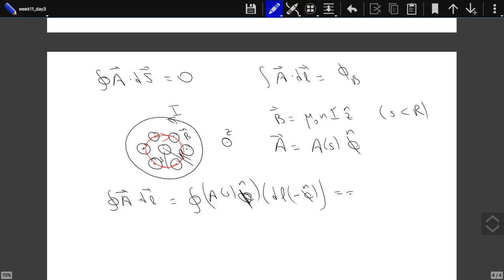So this is equal to minus A(s) times the integral of dl, which is now 2 pi s. Now what about the magnetic flux? B dot dS. What is the direction of dS?